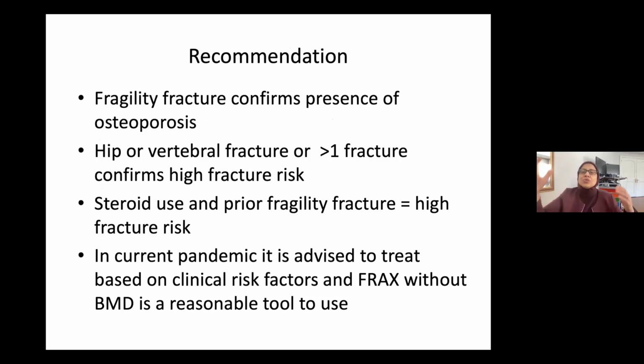So we need to evaluate our patient. We're not just treating bone density numbers. We're treating patients, and we need to integrate the clinical information with the BMD information, make the right diagnosis, and then evaluate fracture risk and decide who to treat.